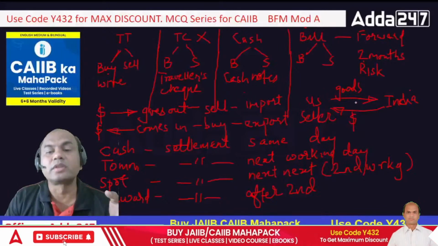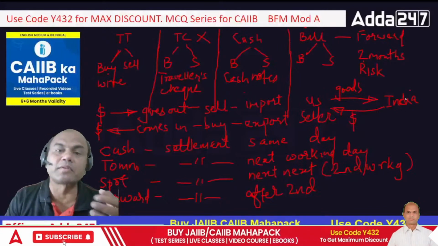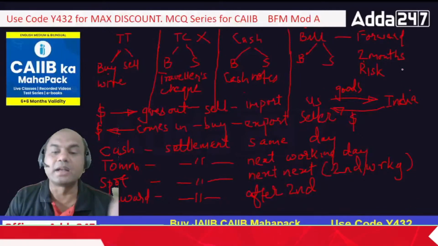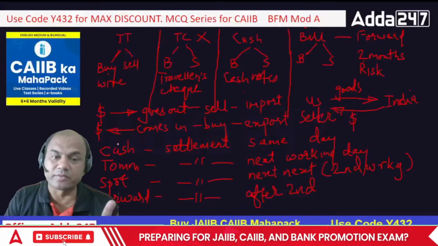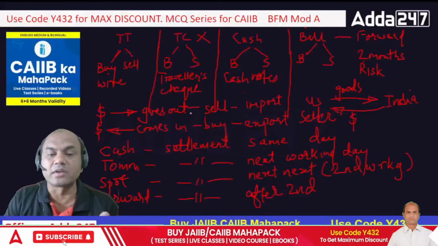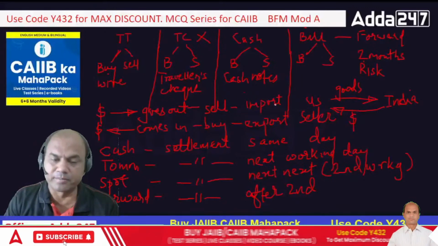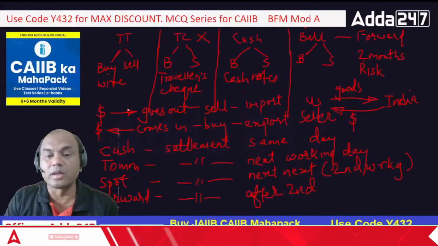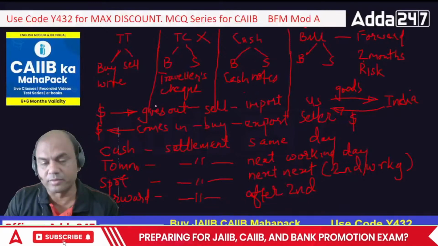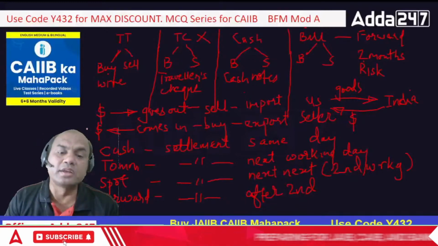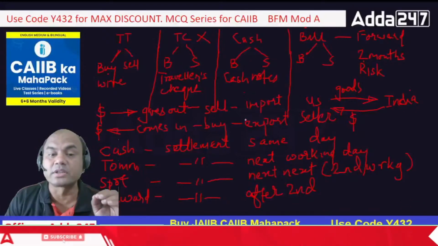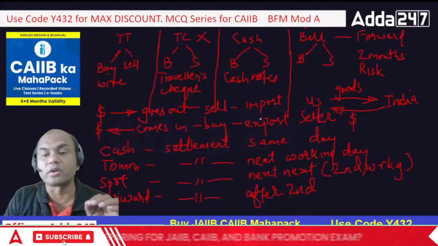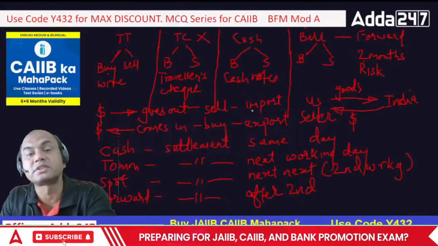They come to the customer and this customer will sell the dollars to the bank, and then the bank will give him rupees. Got it, everyone? Dollar goes out, then sell, then import. In import, dollars are going out. Here dollars come in in export. So that's why India is always focusing on exports. We must always focus on exports so that dollars come in.